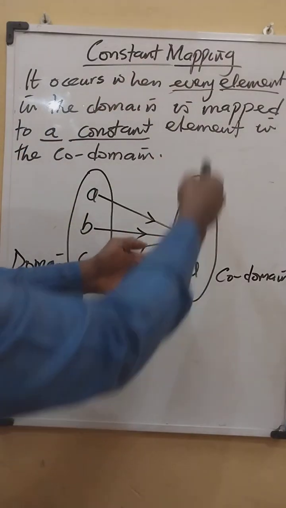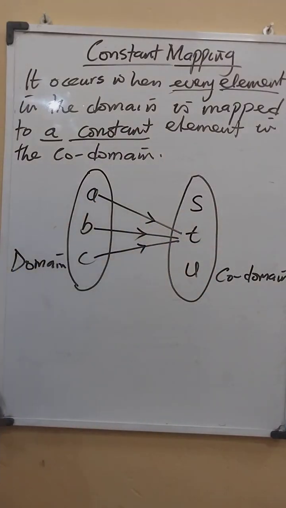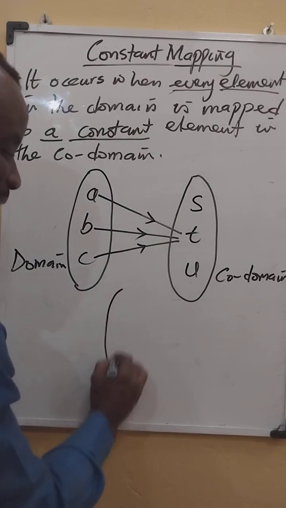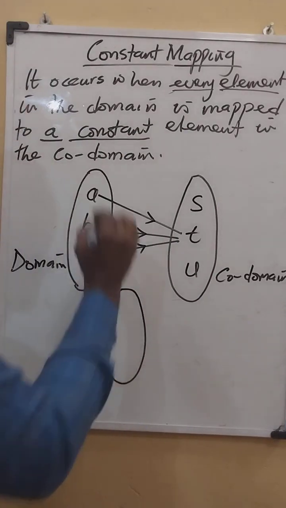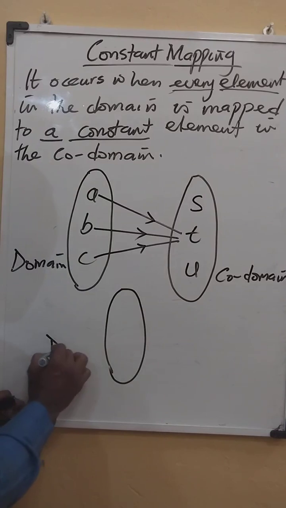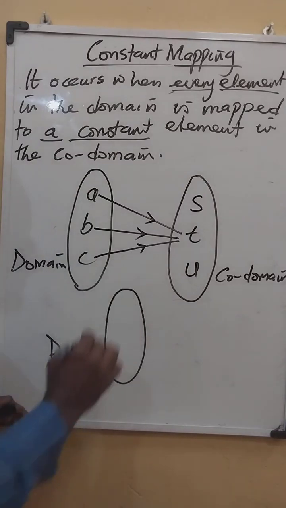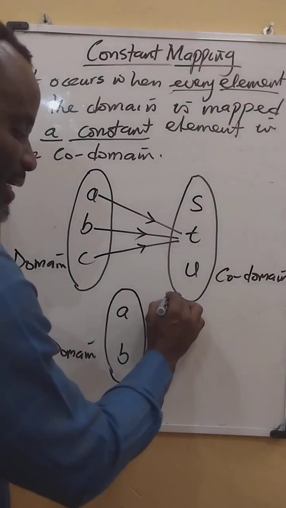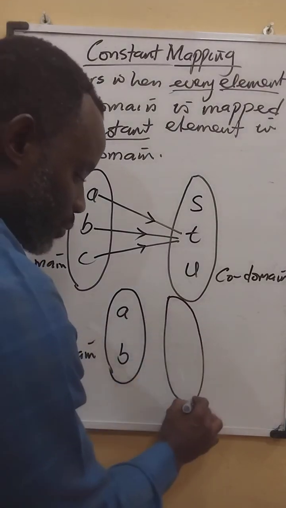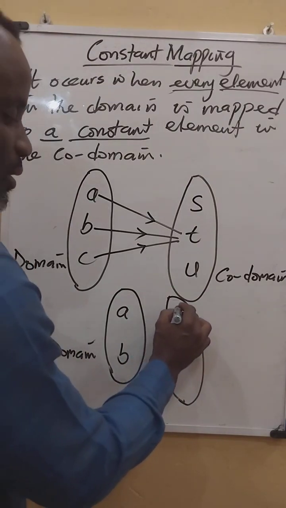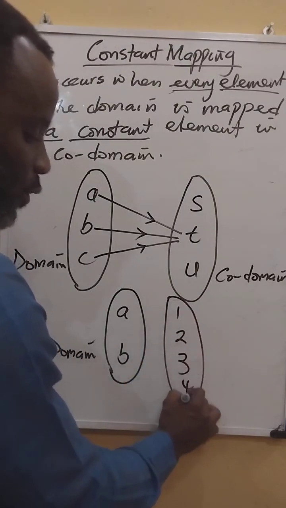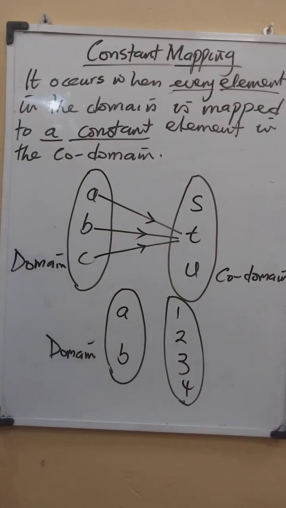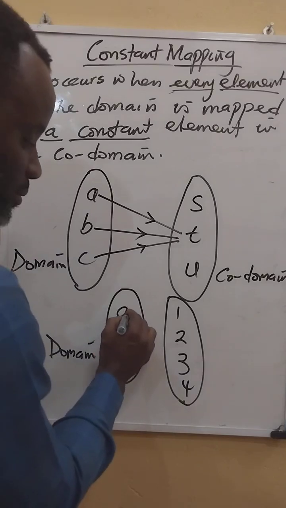It doesn't matter if the elements in the sets are not equal. For example, if we have the domain having just two elements, A and B, and the codomain having the elements 1, 2, 3, 4, we can as well have the mapping happen this way.